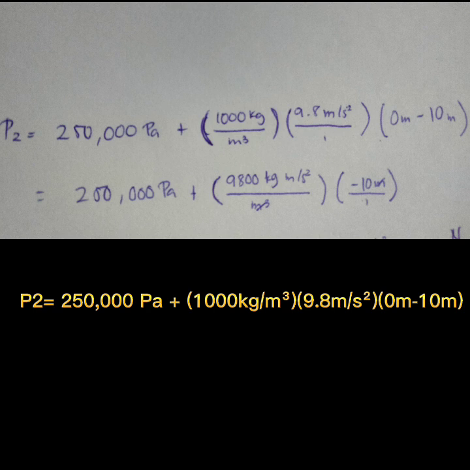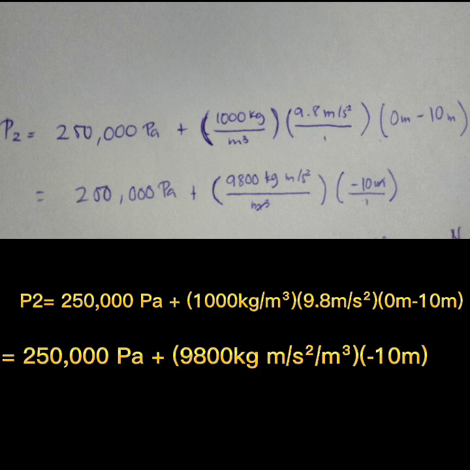So let's solve it. We get 250,000 Pascal plus 9,800 kilograms meter per second squared over cubic meter multiplied by negative 10 meter.